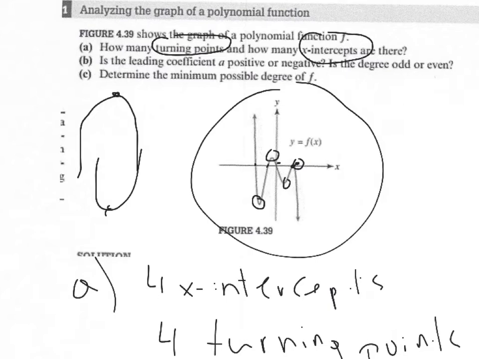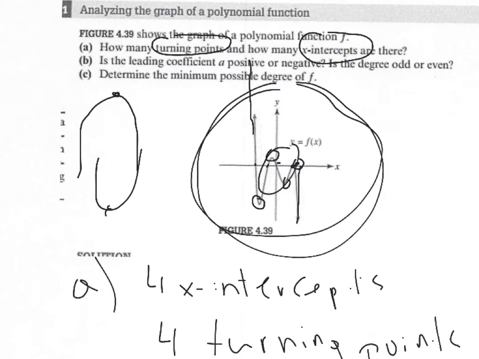Now in this case, think about this graph as you go from left to right. Did you notice from your left the graph goes down, then goes up, then goes down, goes up, goes down, but I don't care about what's happening in the middle. Let's look at the end behavior. What is happening to the graph when you go to your right side? Did you notice that it's decreasing? Therefore, the graph is decreasing, and that means that a is negative. So for part B, a is less than 0.